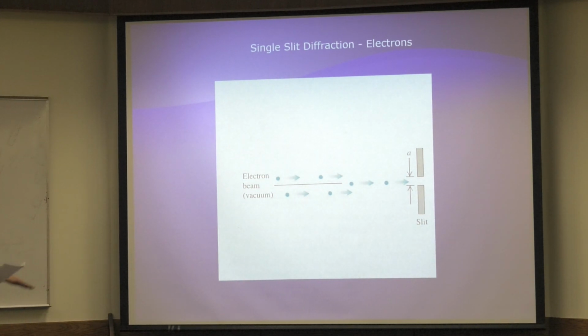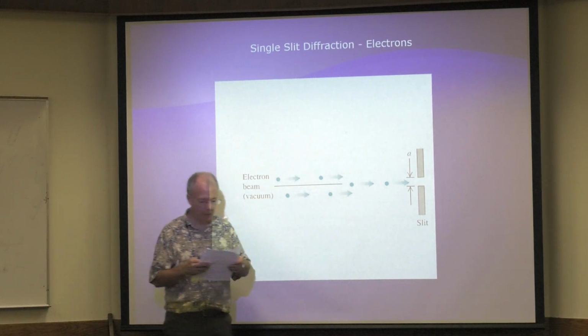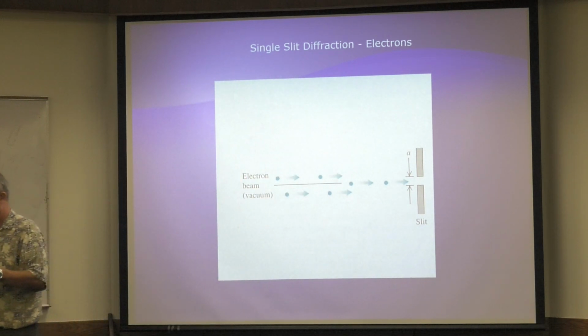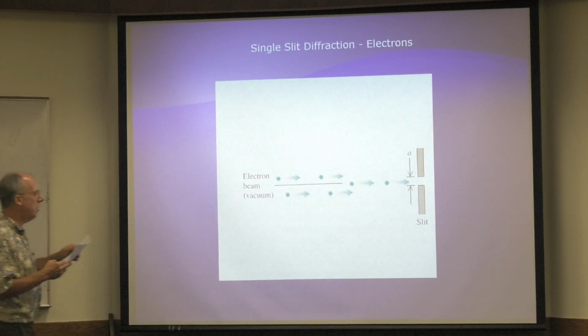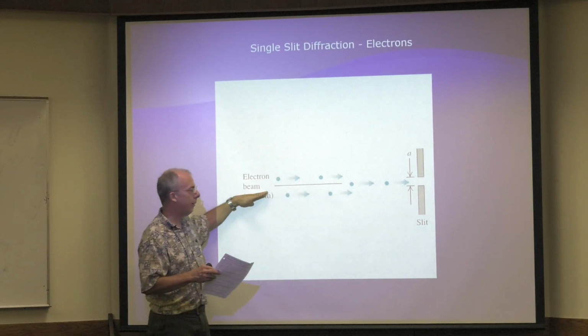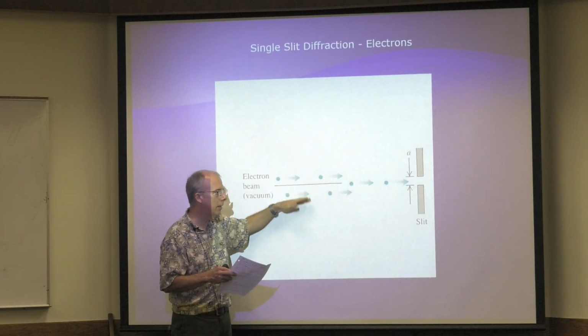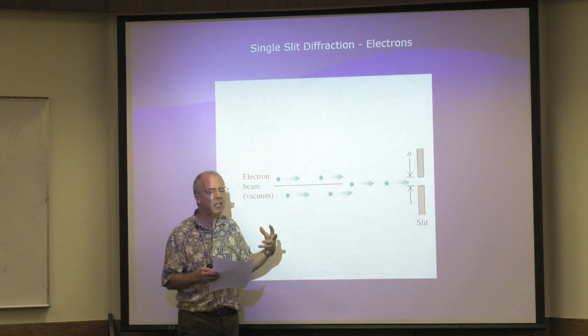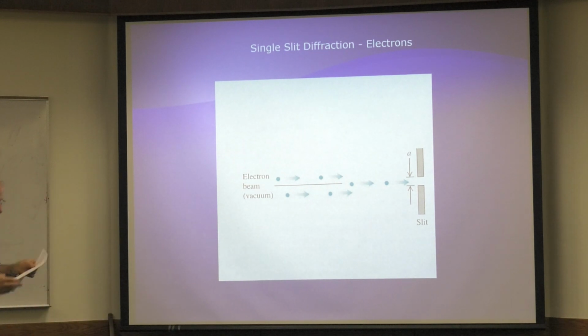Now what does that mean? You have to think in terms of quantum mechanics. If they have nearly the same speed, they have nearly the same de Broglie wavelength. Not exactly the same, but close.